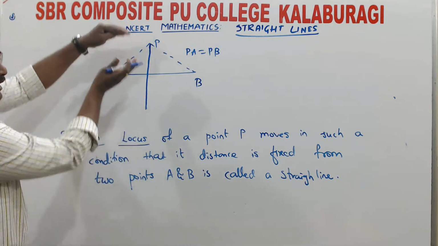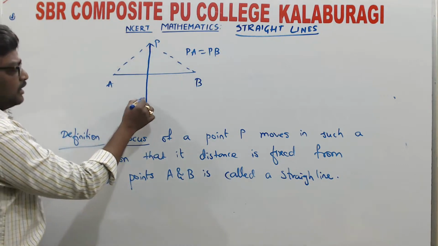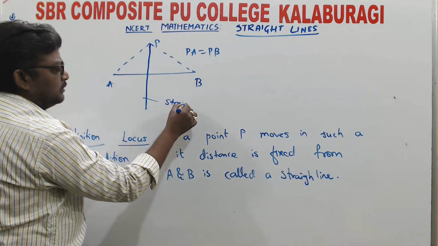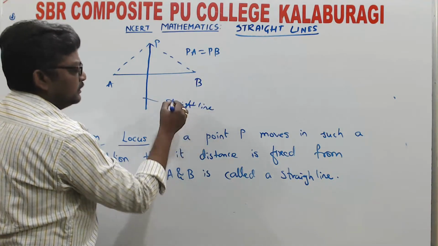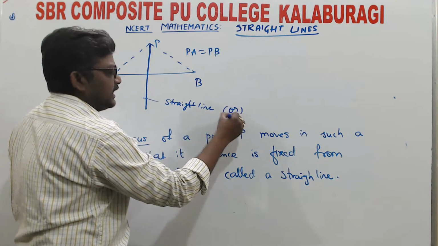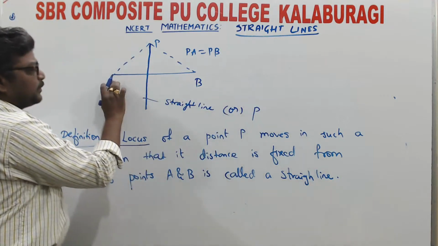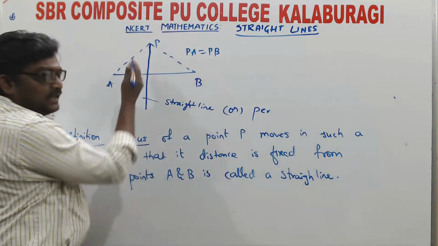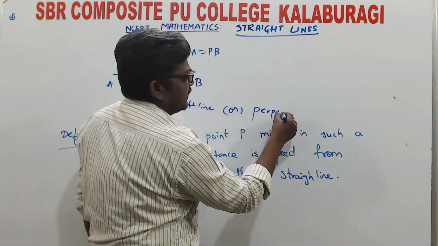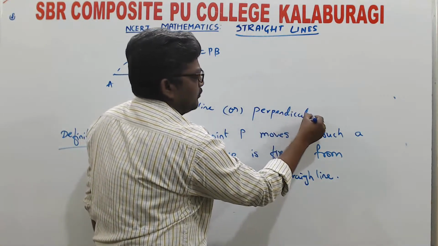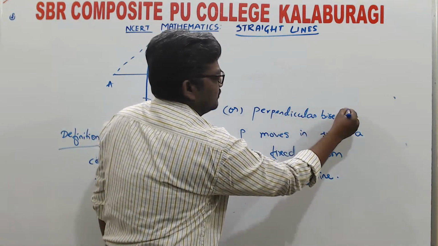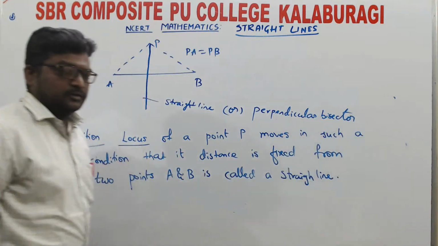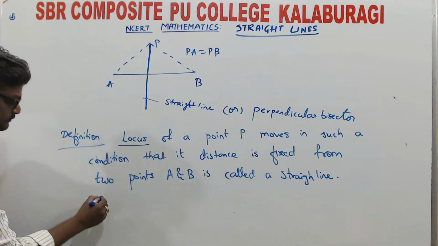There are no end points. This is called a straight line, or we can say it is perpendicular to line AB. Therefore, because it cuts the line, we can call it a perpendicular bisector also.